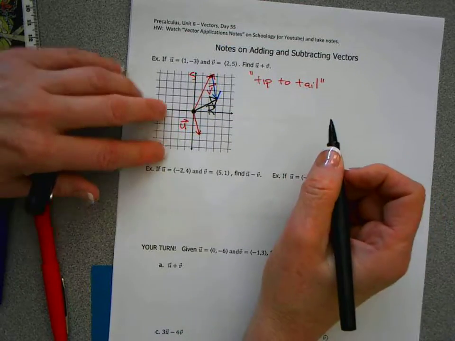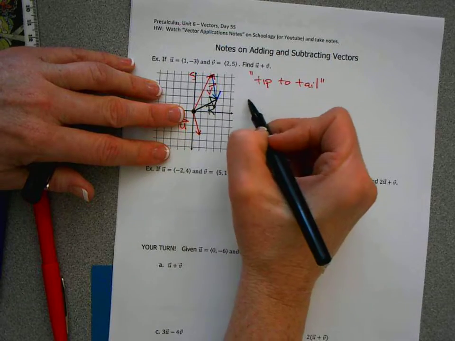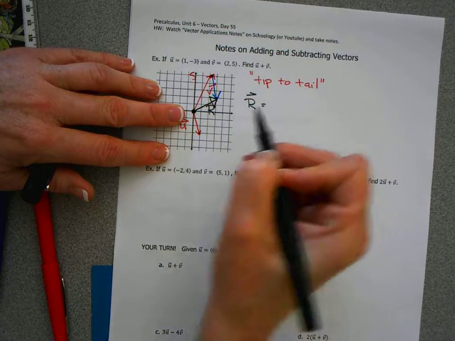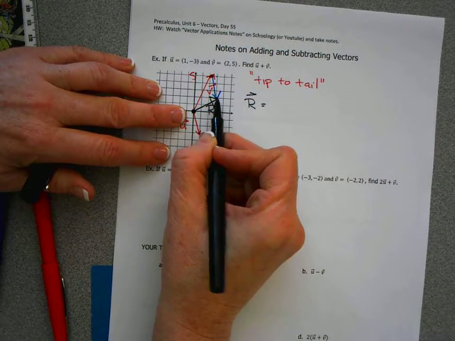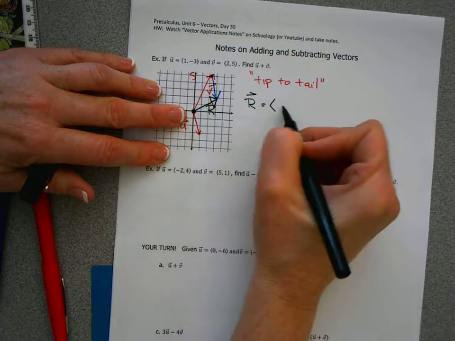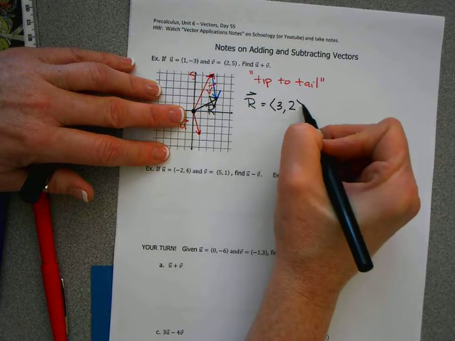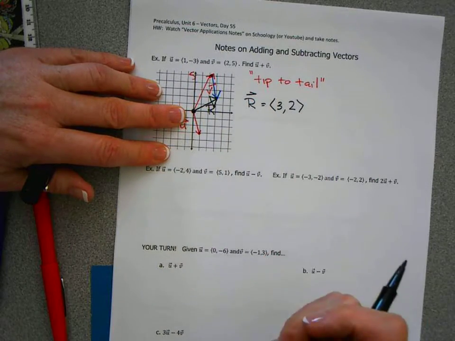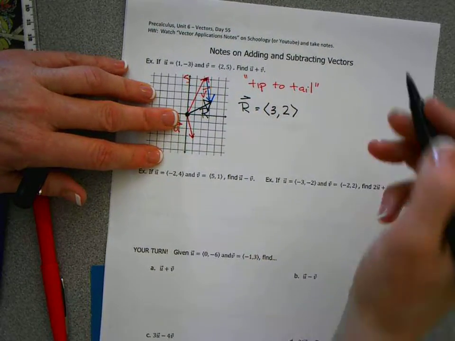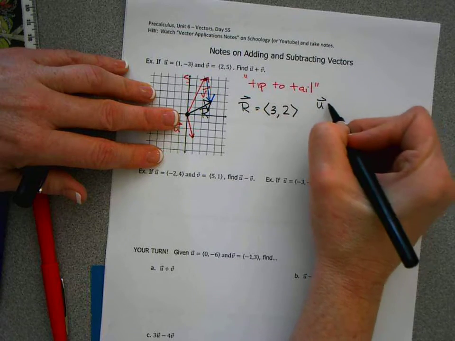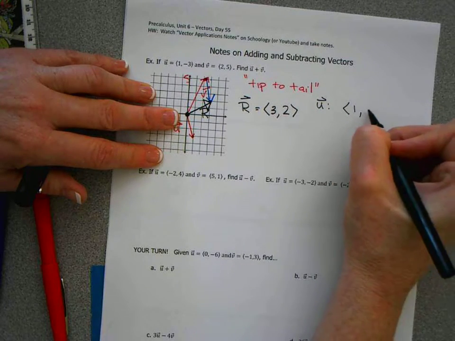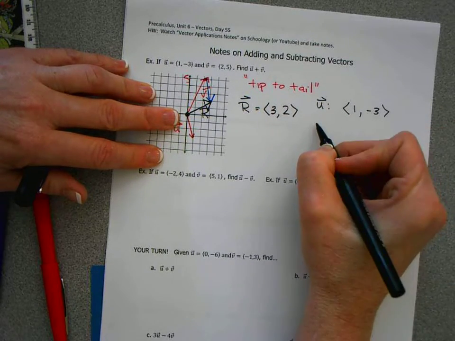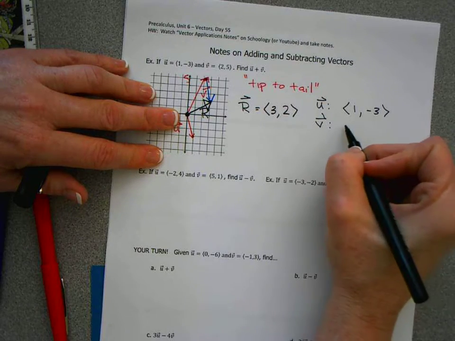Okay, and I see that my resultant vector can be expressed as 3, 2, right? X component 3, Y component 2. So this is doing it graphically. Let's do it algebraically. So what I would do is I would have the vector u, and I would write it 1, negative 3, and then the vector v, and I'm going to add them together.